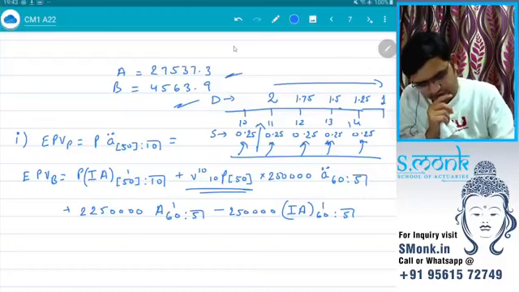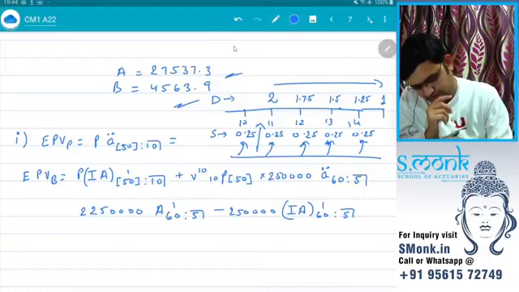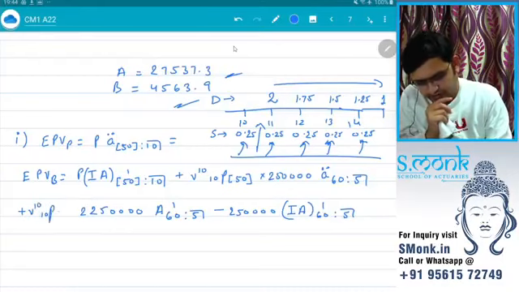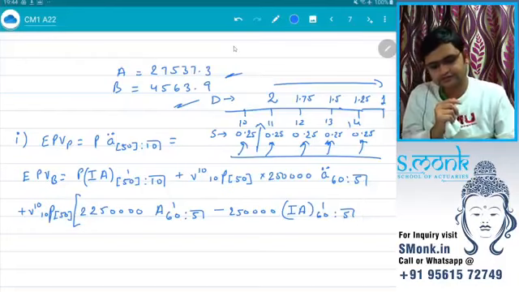Now this is going to start after 10 years, right? So I should write that as well. P raised to 10, 10p select 50, and then this.